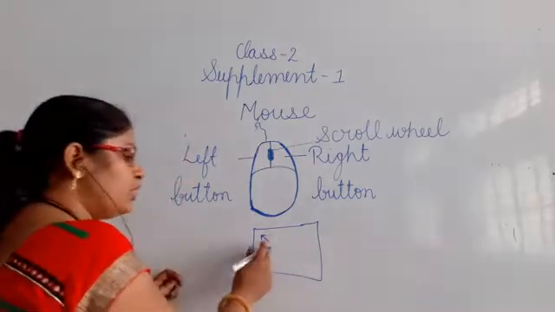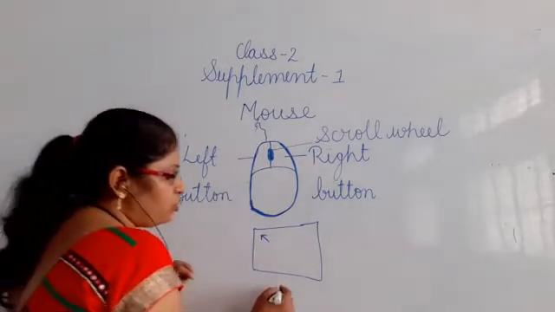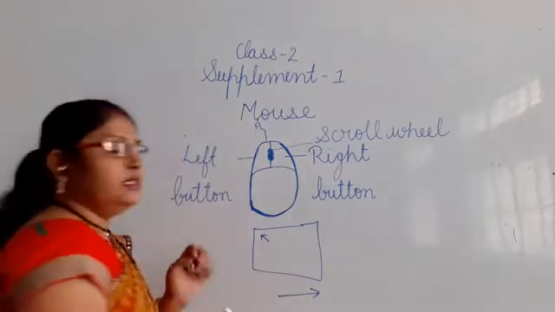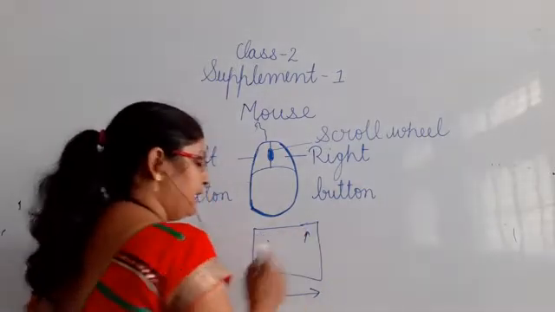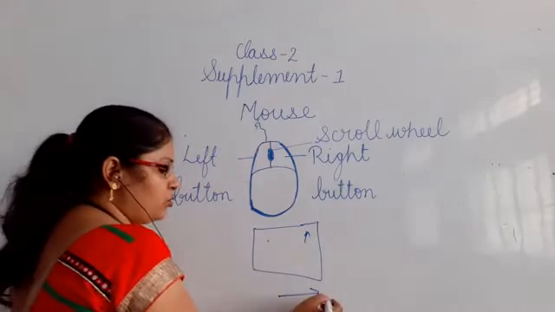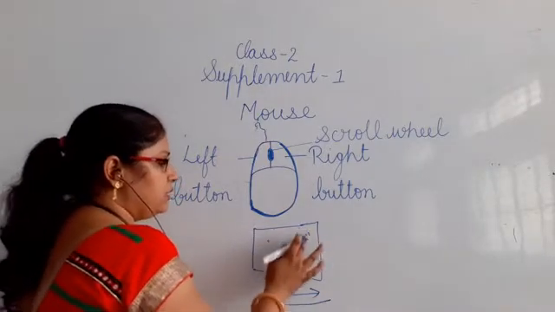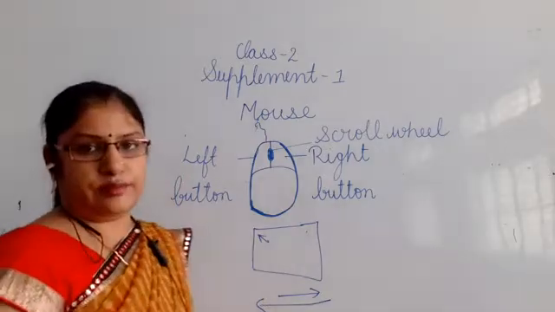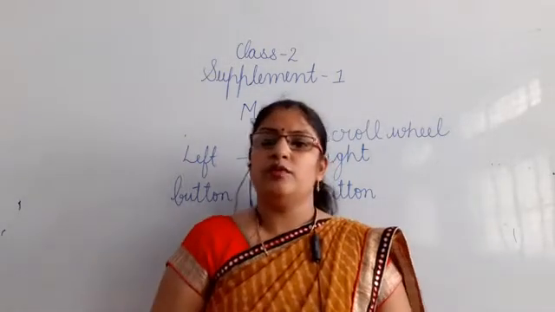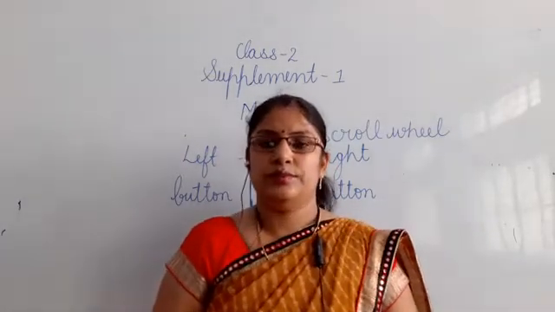If we move the mouse to the right side, then the arrow will move to the right side. If we move the mouse to the left side, then this arrow will move to the left side. That's how the movement of mouse pointer is done.